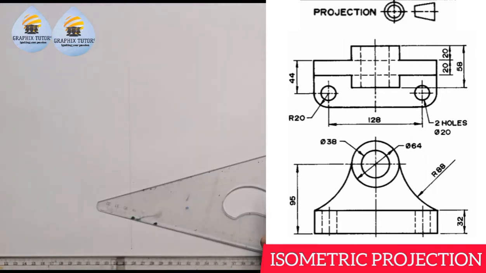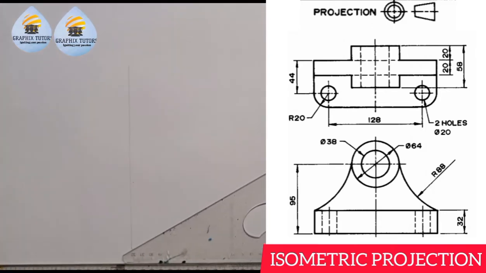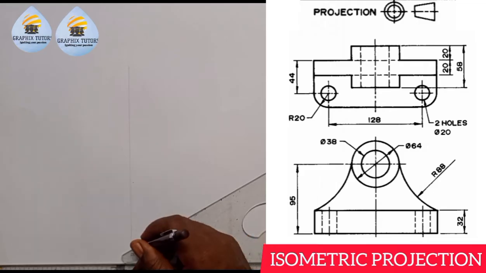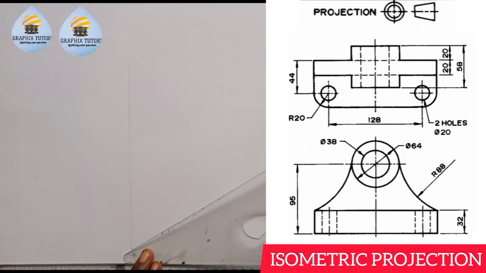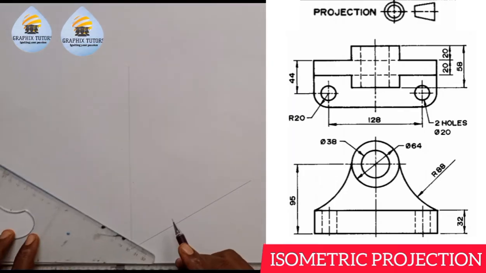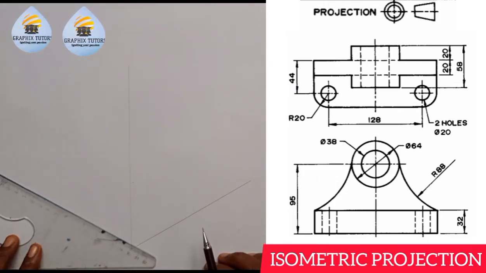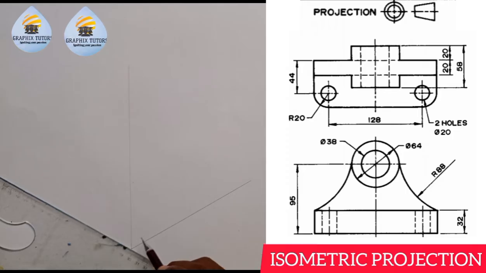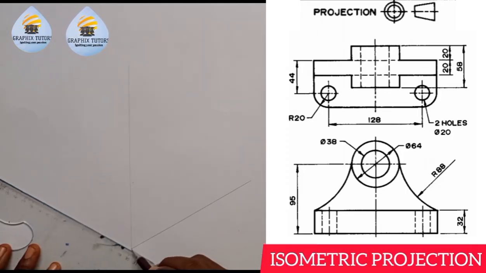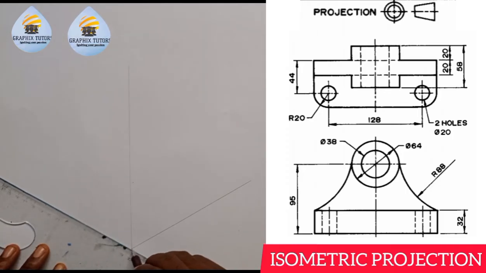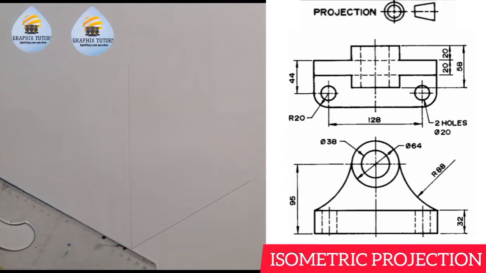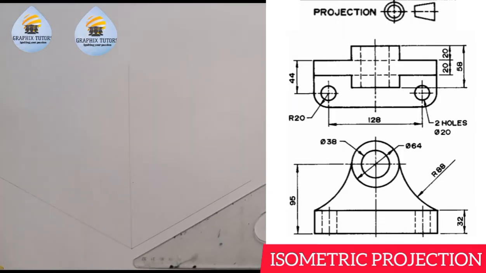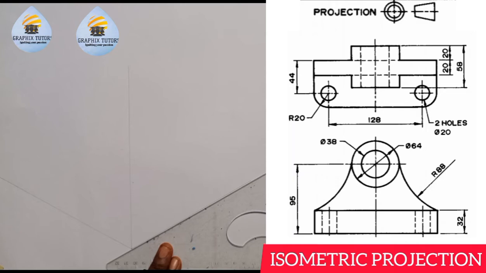You will draw the horizontal line that is inclined at 30 degrees, and also inclined at 30 degrees to the horizontal. Hope you can see that. Let me still extend this more.